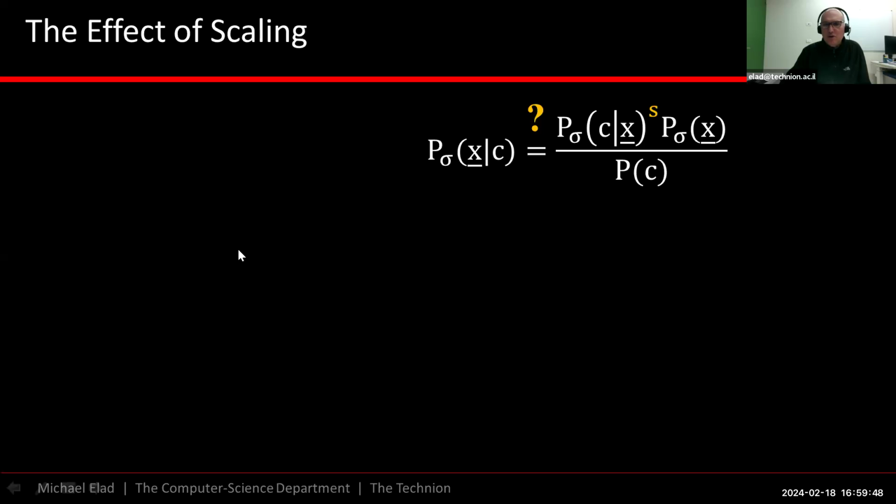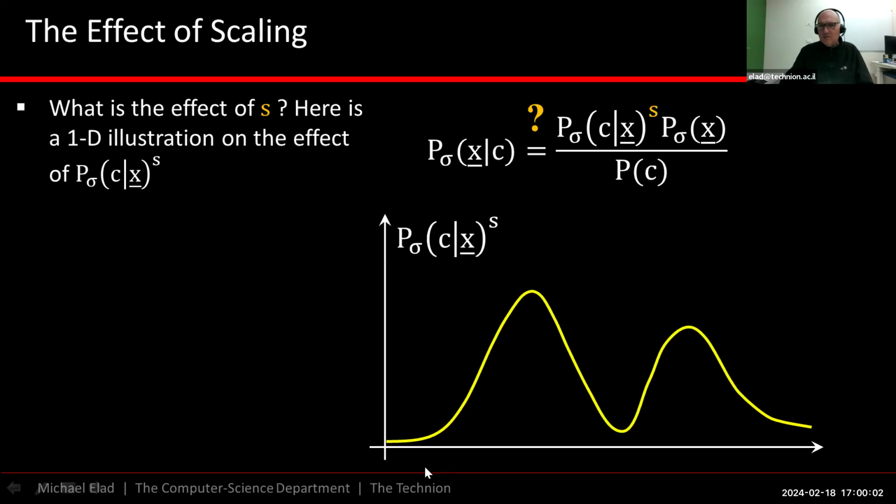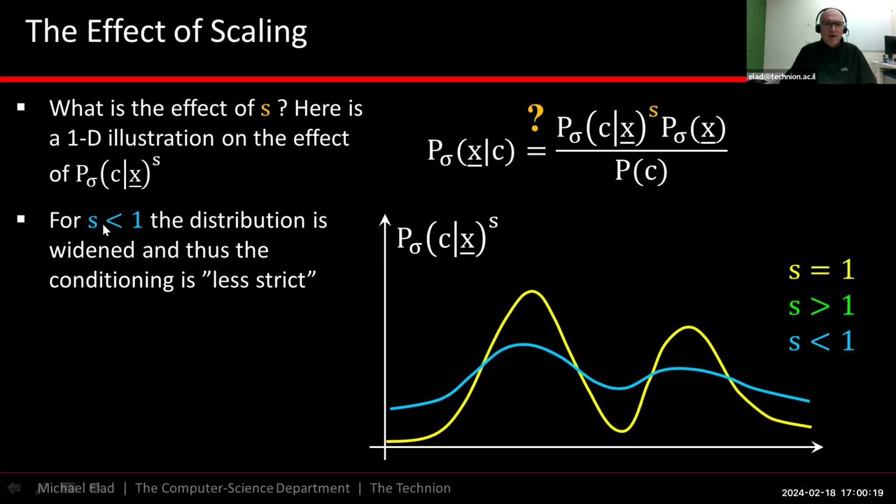Here is a little bit of intuition to explain it. Look at this probability density function, p_sigma of c given x, and assume that c is actually a continuum instead of being discrete. And here it is. The probability p_sigma of c given x is something that looks like this. So this and this are the most likely c's for the x that we are looking at. This is for S equals 1. What happens if S is below 1? Then basically the function becomes milder.